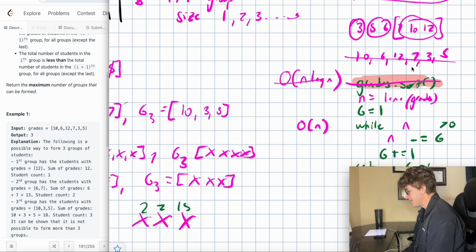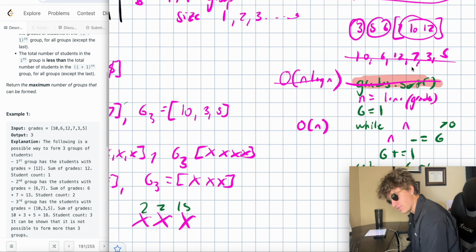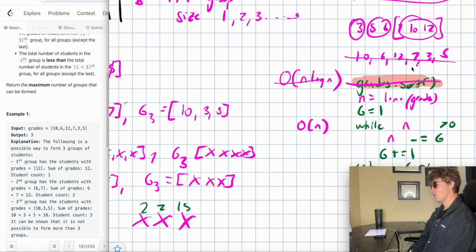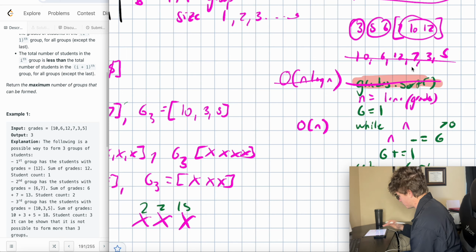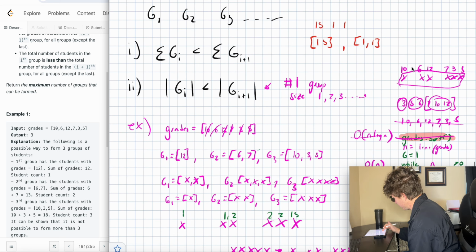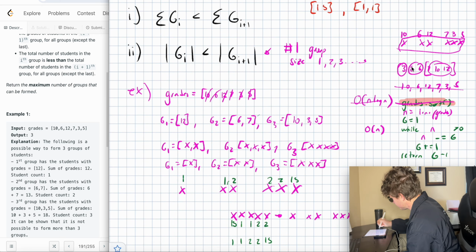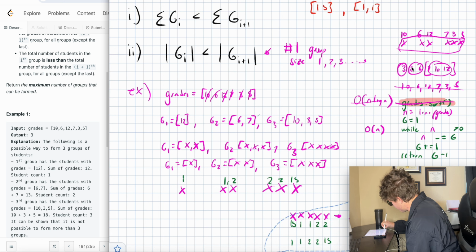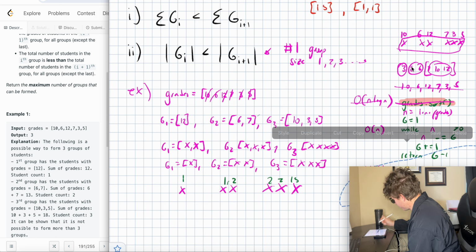Okay? Now, one last optimization, which is strictly a mathematical kind of idea, and this will get us down to the perfect runtime.